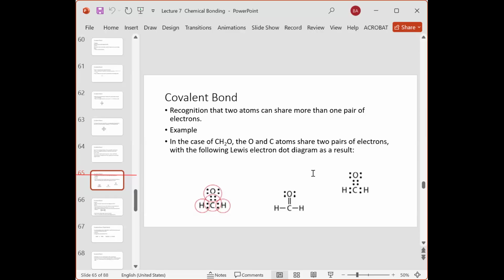In the case of CH2O, the O and C atoms share 2 pairs of electrons, with the remaining Lewis electron dot diagram as a result. Take a look at it carefully. We have oxygen, and then we have carbon, and we have hydrogen.